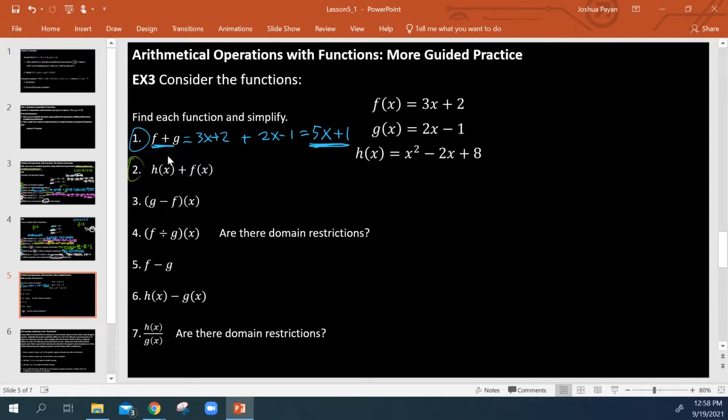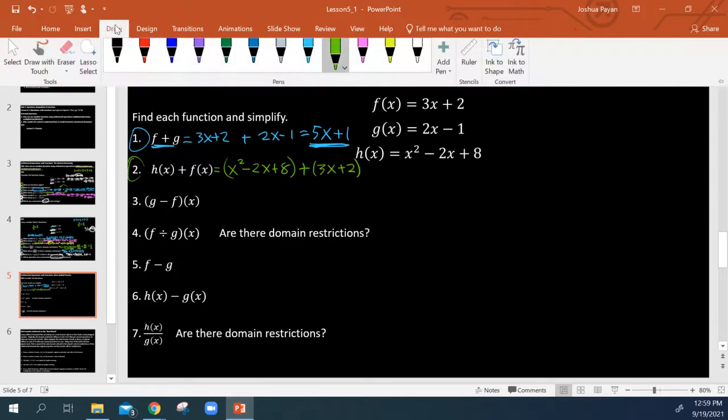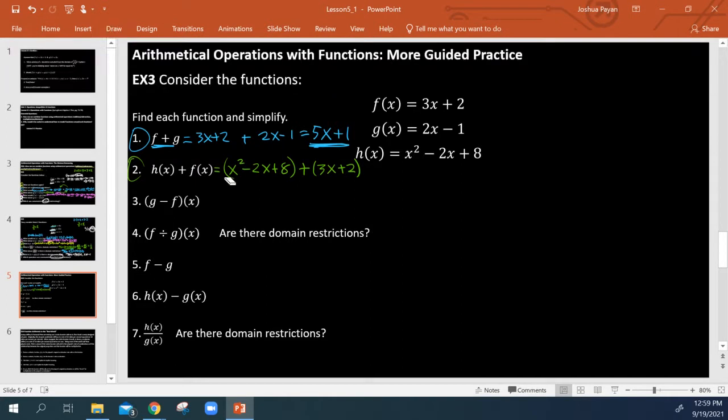Now I have h plus f. That's going to be x squared minus 2x plus 8, plus 3x plus 2. Again, I didn't need the parentheses, but I'm just trying to make a point.